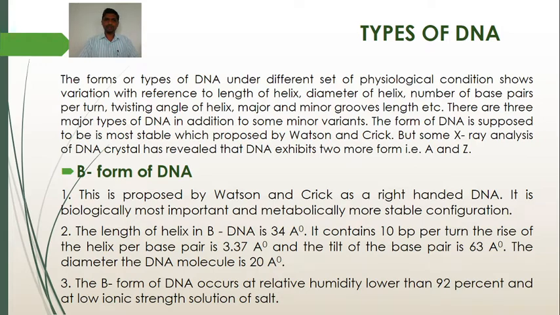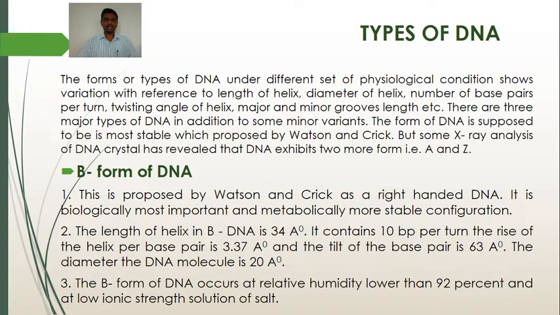The B form of the DNA was proposed by Watson and Crick as a right-handed DNA. It is biologically the most important and metabolically more stable configuration.